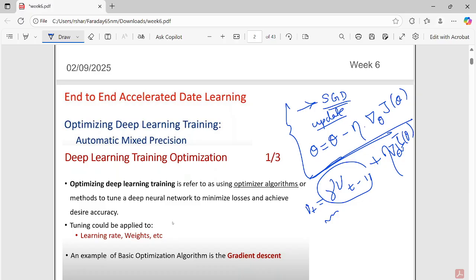And in some cases this Adam optimizer has generalization that is not that good. So the next optimizer is Adagrad, which adjusts the learning rate for each parameter based on the historical gradients.